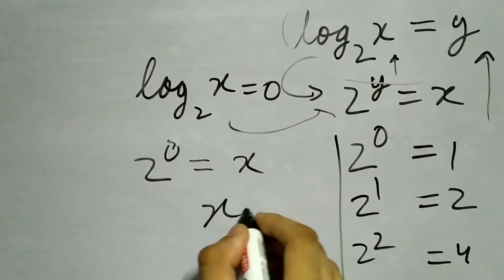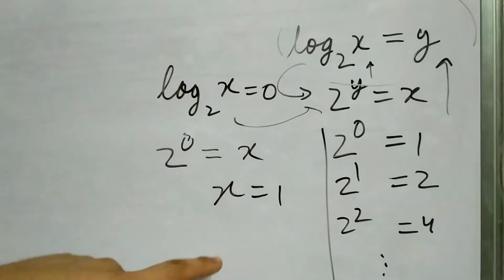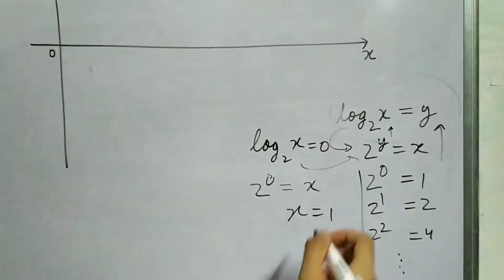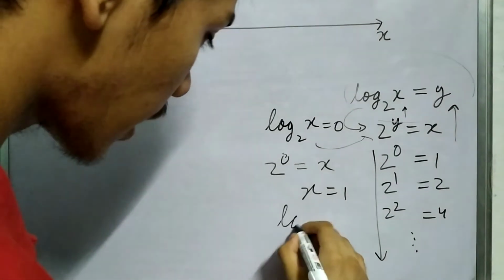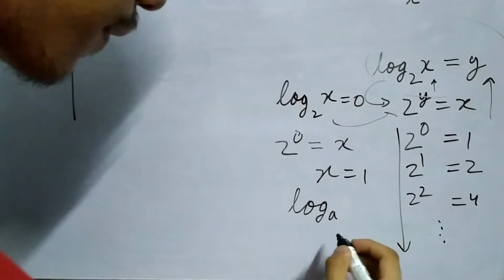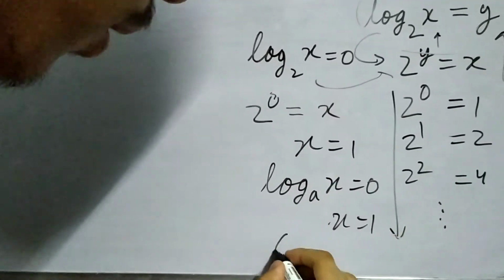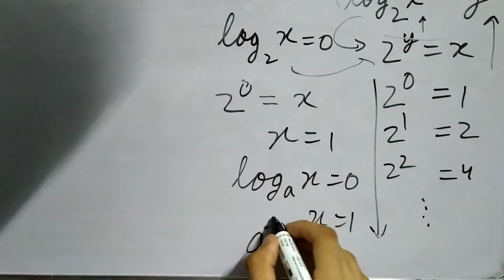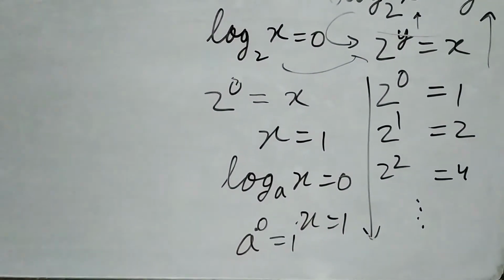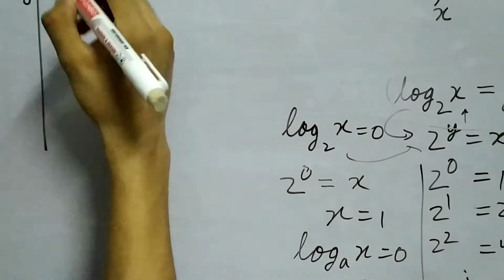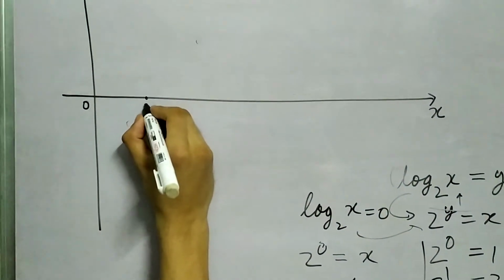So clearly x is equal to 1. I have just taken the case of 2, but for any base, if this is the case, then x has to be equal to 1, because anything to the power 0 is 1. This is clearly a root, somewhere over here, this is x is equal to 1.